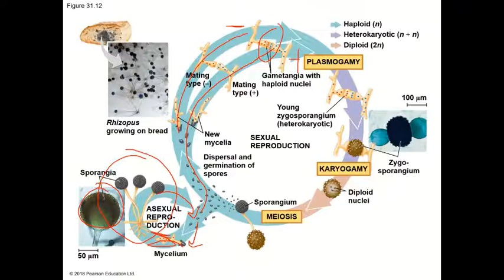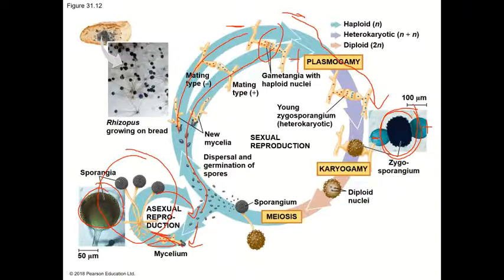Okay, when the two unite, they actually are going to form this structure in the middle between them. So here we can see the two mating types. So this one could be the negative mating type, and then this one could be the positive mating type. And then in the middle, you have your zygosporangium, or the zygospore.